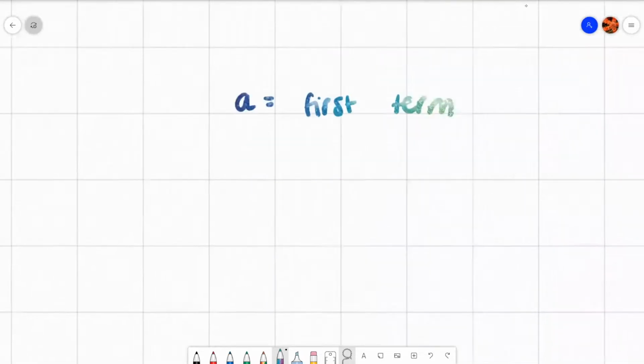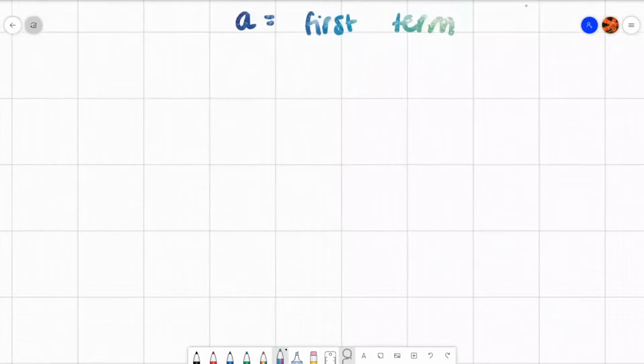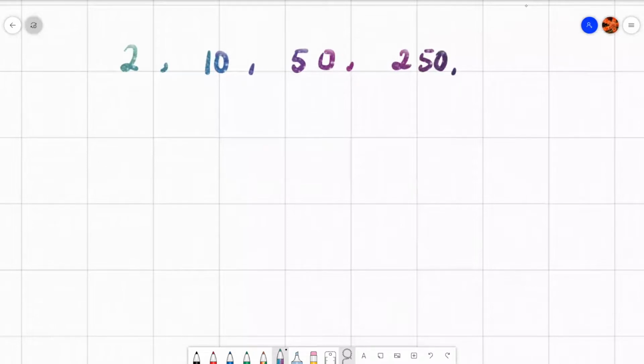Okay, so again, if I go back to the very first sequence that I showed you, 2, 10, 50 and 250, well, 2 is going to be a. Now remember, we are timesing by our common ratio each time, aren't we? Because 2 times 5 is 10, and my ratio is 5, isn't it?